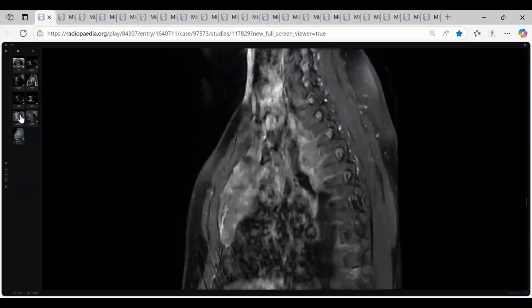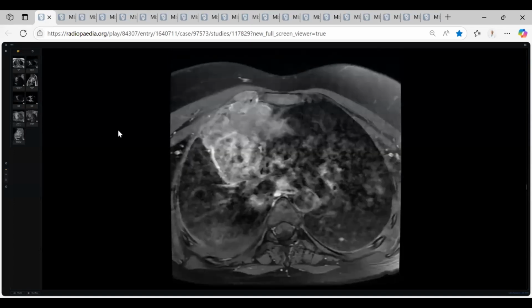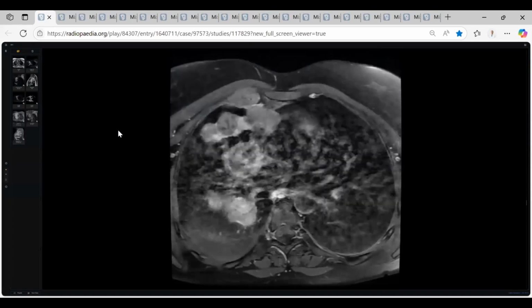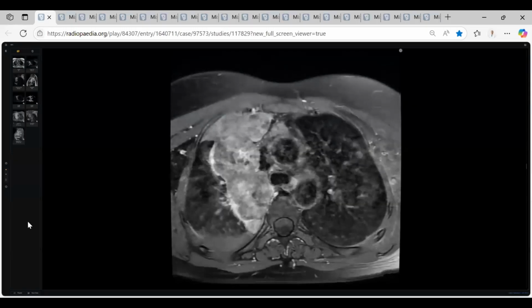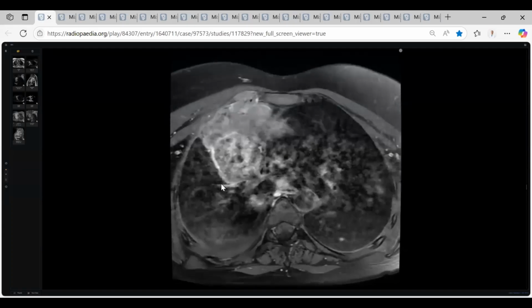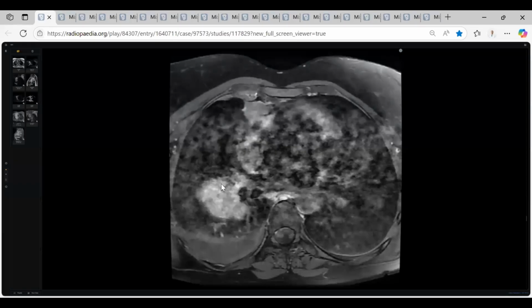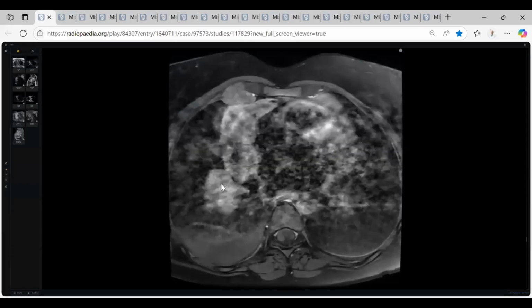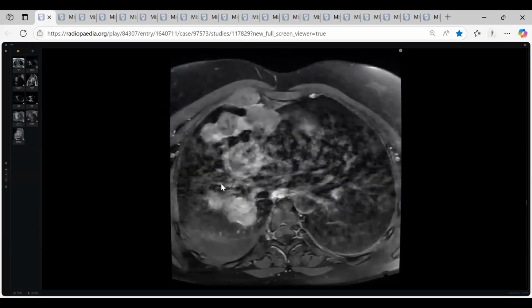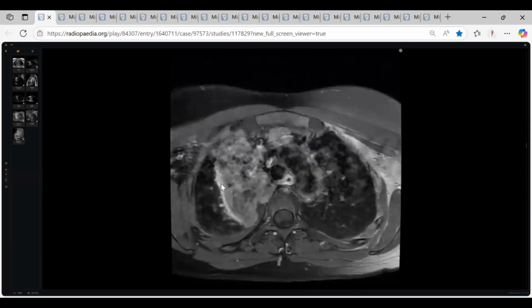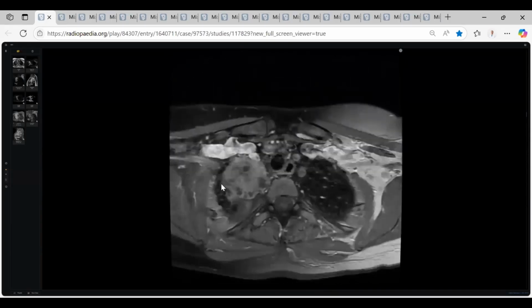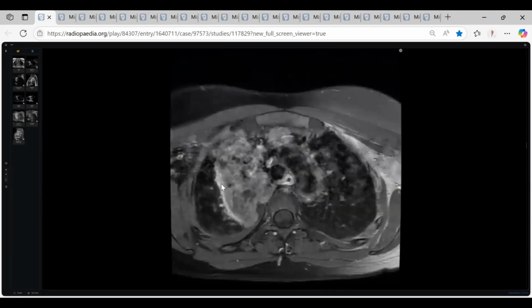It is indenting the superior vena cava, but no obvious clue of direct invasion. However, practically, we can't exclude any invasion here.